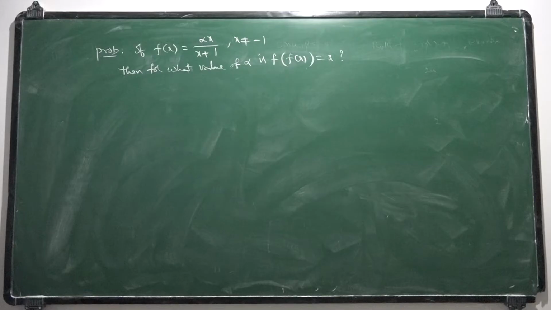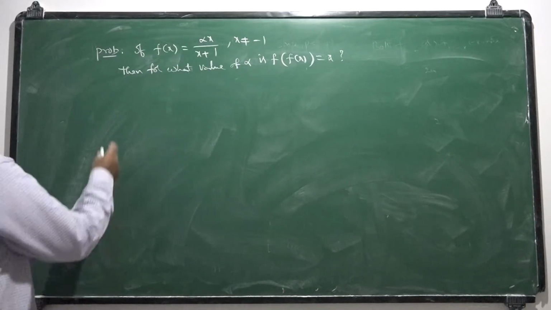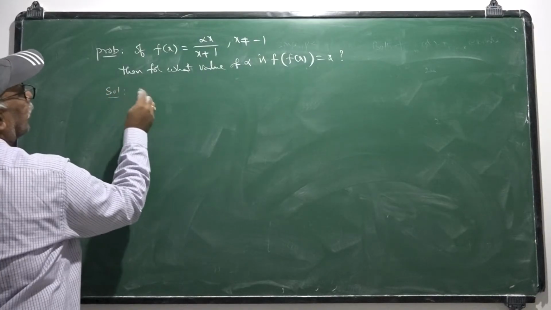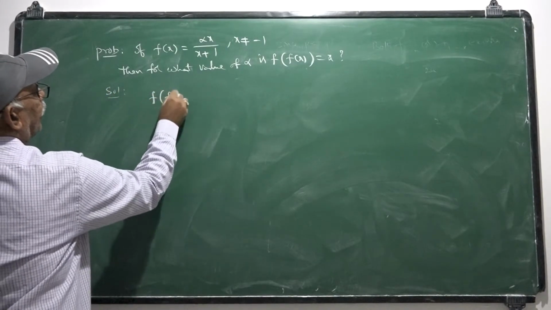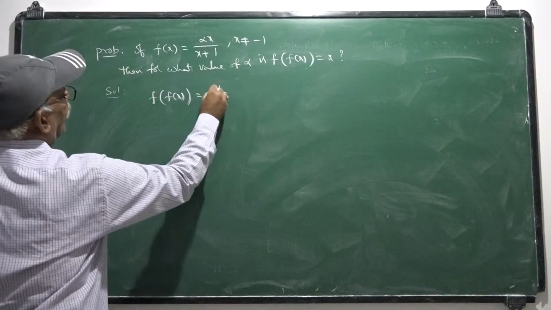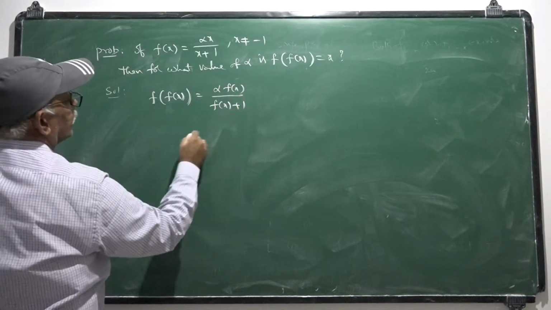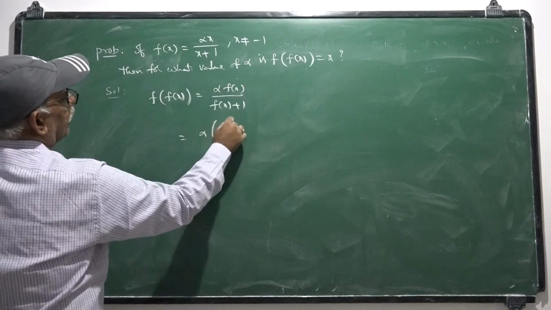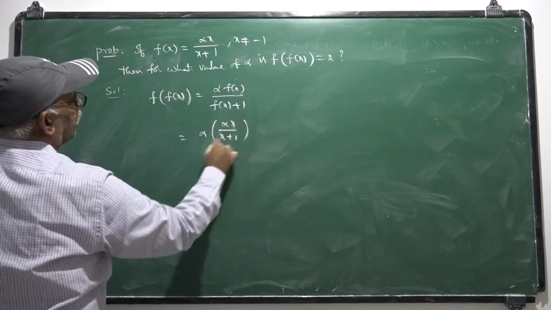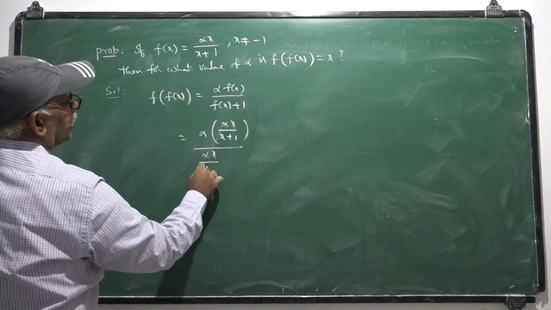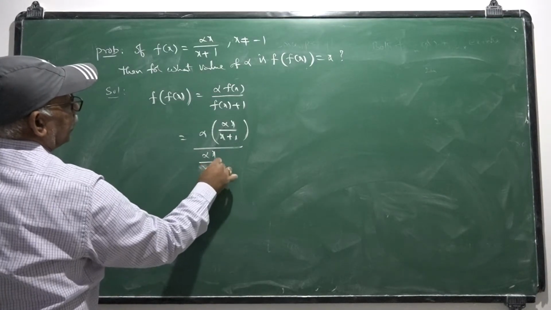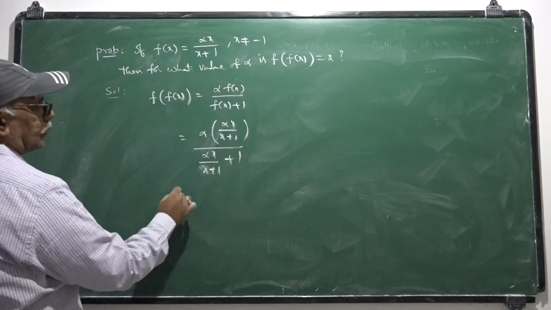For what value of alpha, f of f(x) is x itself. F of f(x) is alpha into f(x) by f(x) plus 1. That is alpha into alpha x by x plus 1 by alpha x by x plus 1 plus 1 itself.